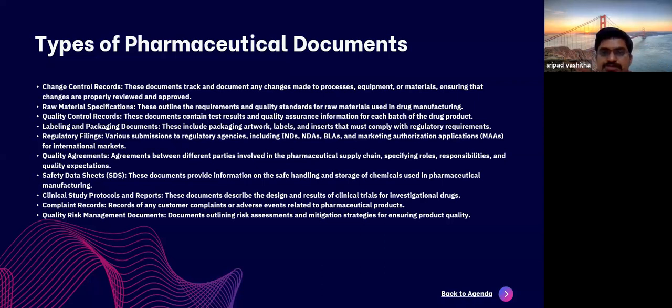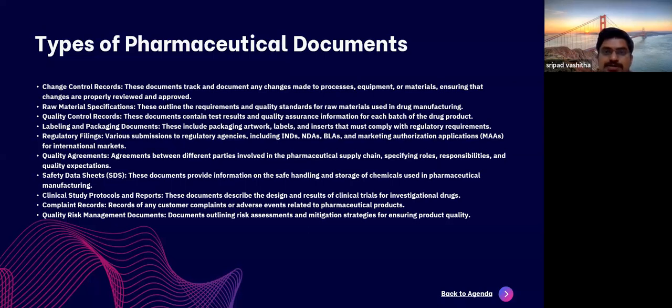artworks, labels, inserts. What is an insert? You would have found a paper within your containers when you are buying an ointment or eye drops, right? Which will have all the details on what could be the drug interactions, how you have to use it, when you should avoid it, right? So all this data is in the patient insert or the PIs, or packaging leaflet is also another term which is being referred to.